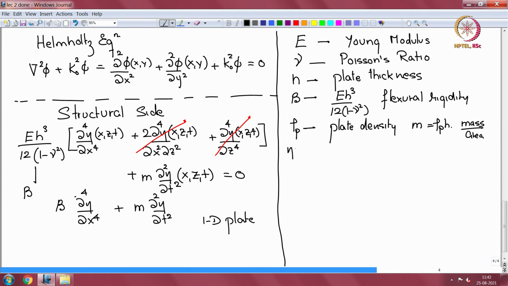Then eta of x comma t we will take as the plate displacement.